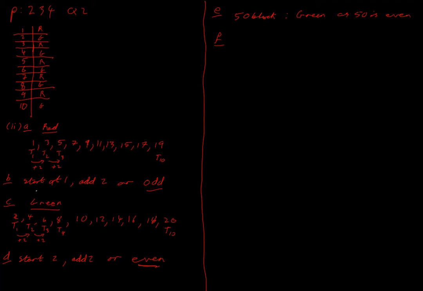The next number on would be red. So that means the 51st block, put another way, is an odd numbered block, therefore it must be red, because we know all of the odd numbered blocks are red.